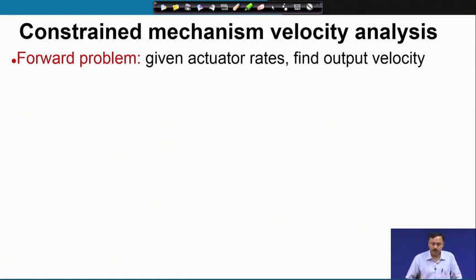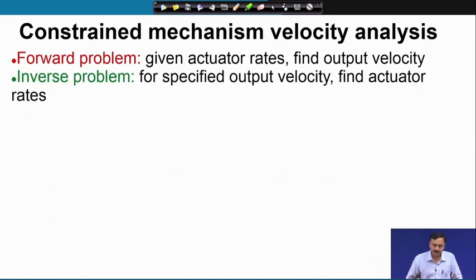Now, there are two problems in velocity analysis as in the displacement analysis. So, the forward velocity analysis problem states that given the actuator rates, find the output velocity, velocity of the output link. The inverse problem is about finding out the actuator rates given a specified output velocity.